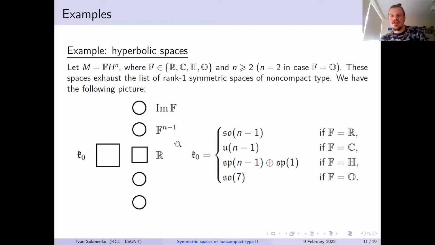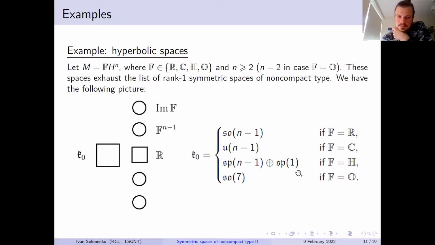So basically, you can think of this as having F^(n-1) here, and then another copy of F split into 2 parts: its center, which is R, which is just A, and then the imaginary part of your real division algebra, which is Im F, and it's this g_{2 alpha}. In total, you have F^(n-1) here and another F here. And the K_0 can be described like this. You can compute that K_0 has these forms depending on F and the dimension.